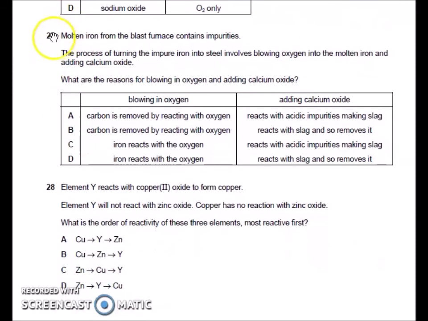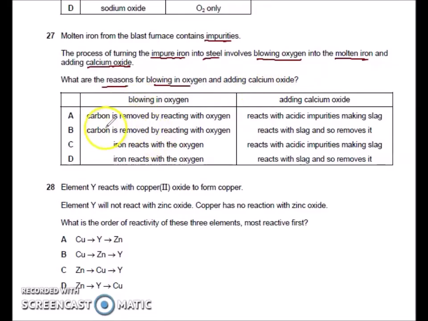Okay, 27, molten iron from the blast furnace contains impurities. The process of turning the impure iron into steel involves blowing oxygen into the molten iron and adding calcium oxide. Okay, what is the reason for blowing in oxygen and adding calcium oxide?